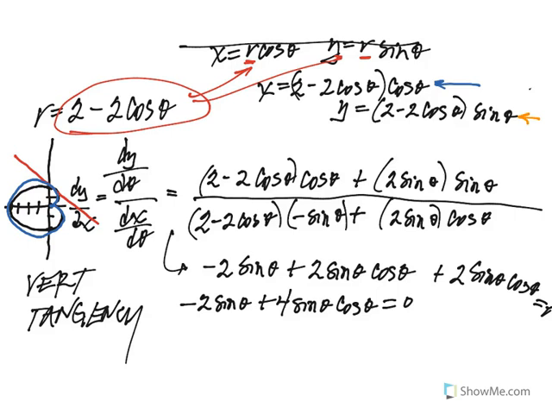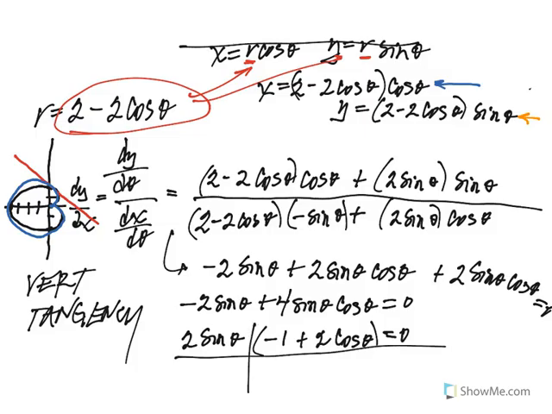I think I'm going to take out a 2 sine of theta. That'll give me negative 1 plus 2 cosine theta is equal to 0. And I'm going to set each factor equal to 0. So for theta here, when I divide by 2, that gives me 0 and pi.